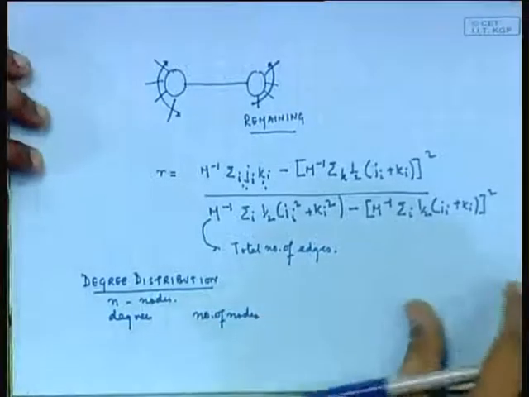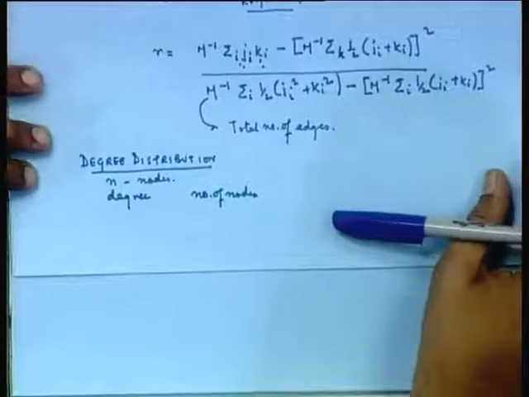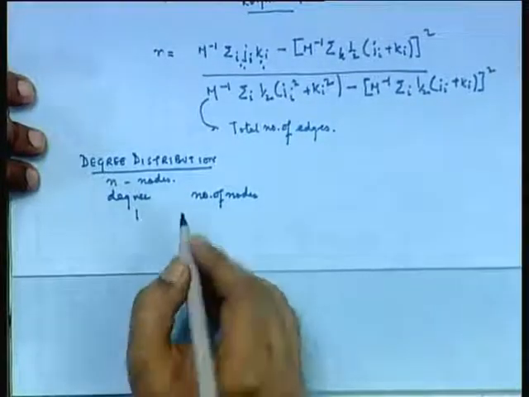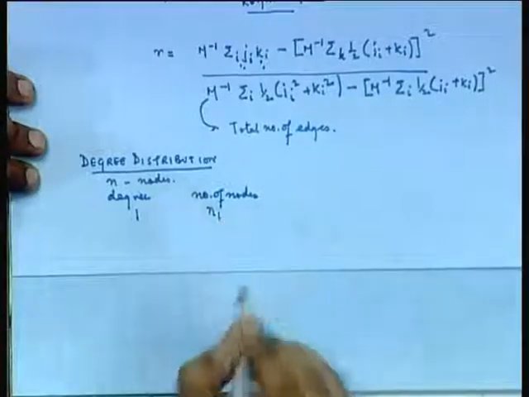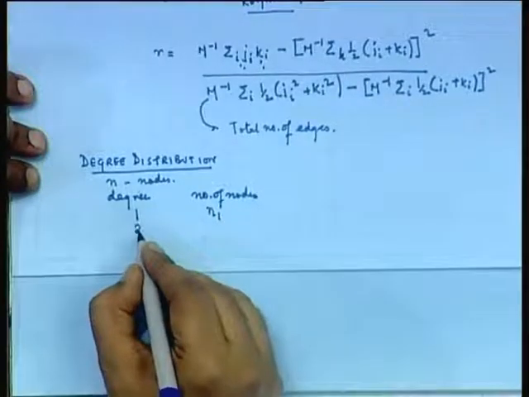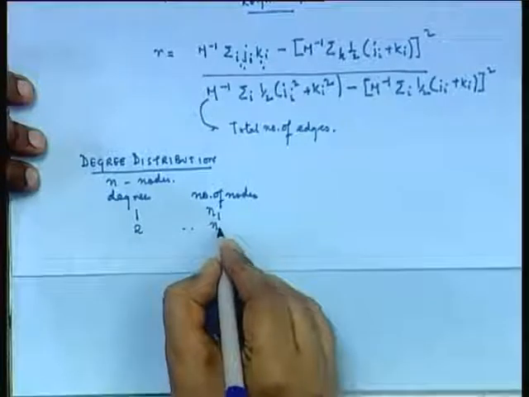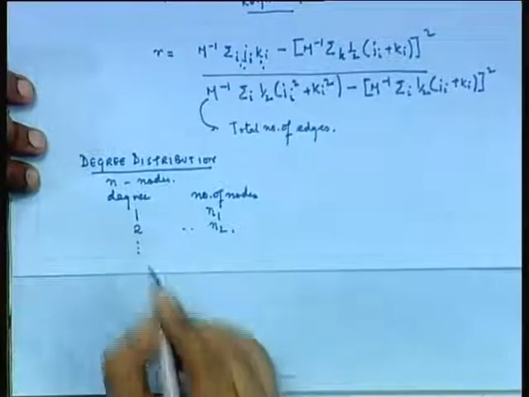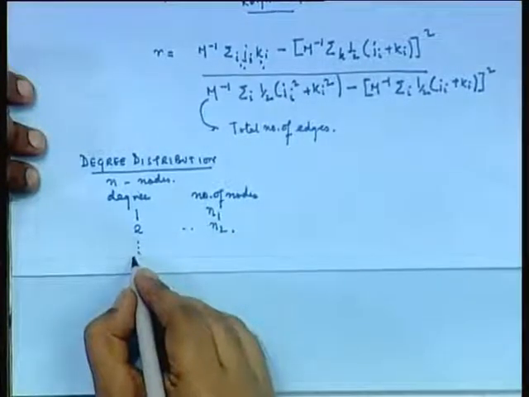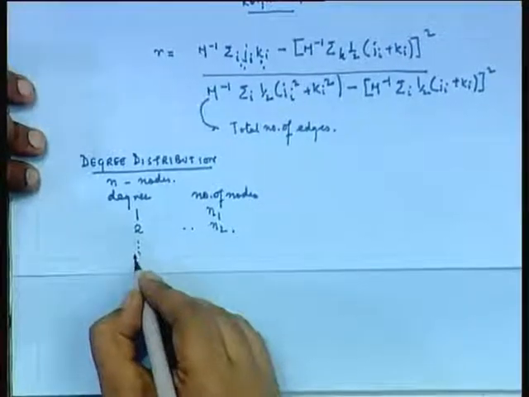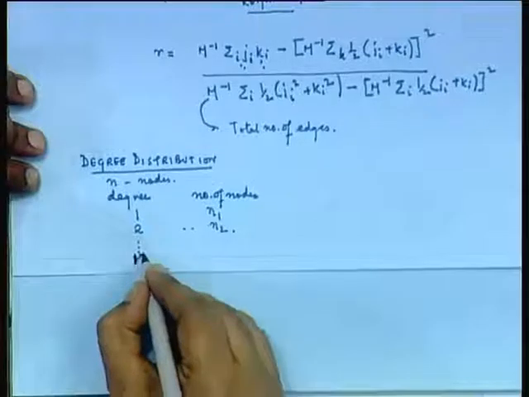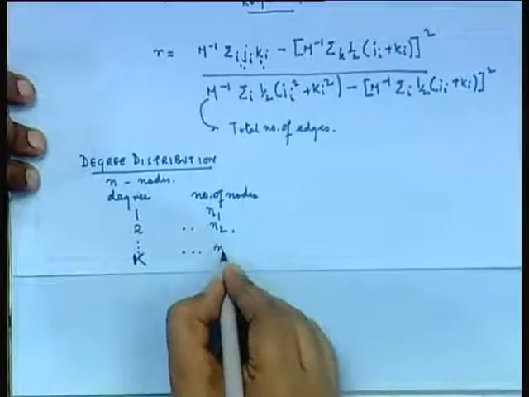Nodes with degree 1 say is n_1, nodes with degree 2 is n_2. Okay. So, this way it goes, and nodes with degree k is n_k.